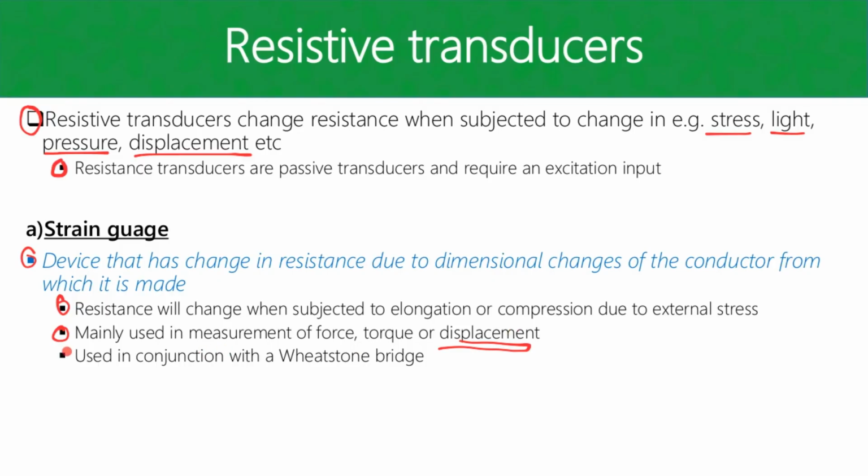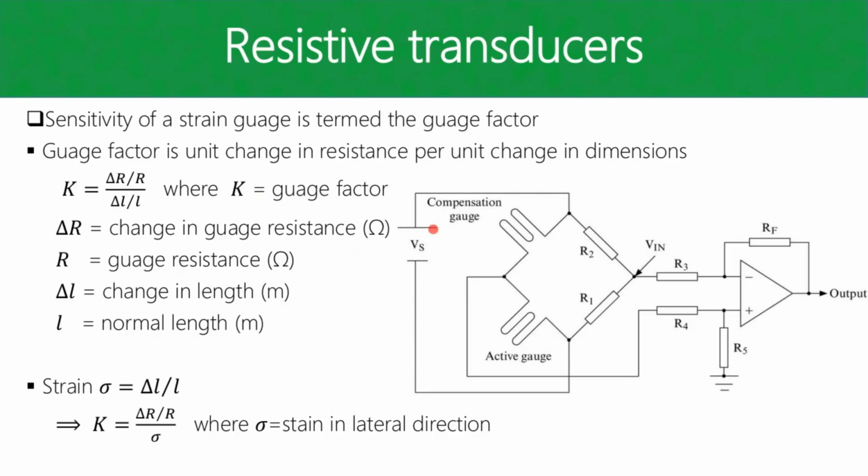And usually they're used in a Wheatstone bridge configuration as well. So if we take a look at an example here, typically you'll have a compensation gauge and an active gauge. Now the active gauge is the one that we're actually measuring across. This compensation gauge can be used just to balance the bridge in the beginning before we measure anything.